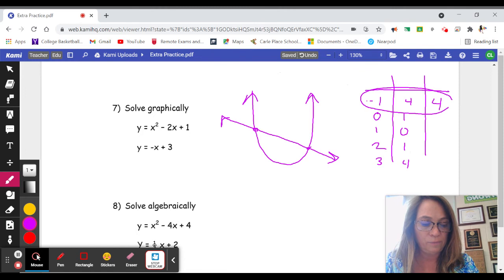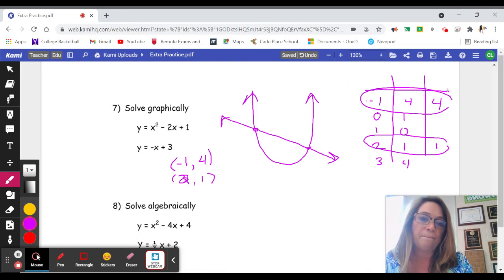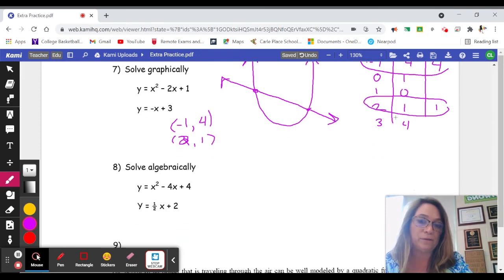And the other point of intersection, -1, 4, and 2, 1. So when you answer this question, you have to write the ordered pairs. Whoops. 2, 1. Okay, and remember this is done on graph paper.